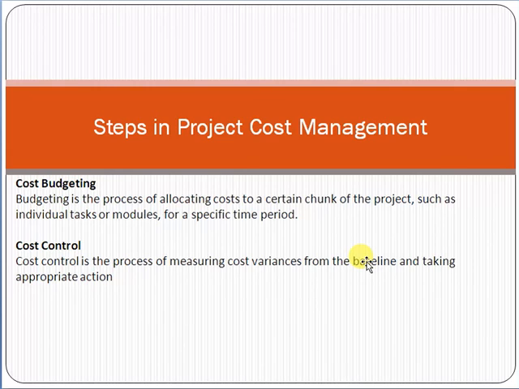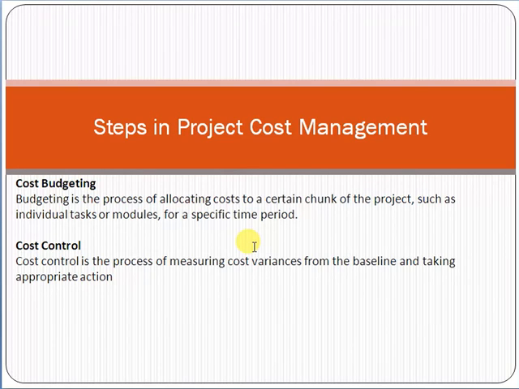Let's suppose this is your baseline, that you must complete the project with a cost of $1,500, for example. So if there are any variances, like while executing the project, you estimate that your cost will be more than $2,000.